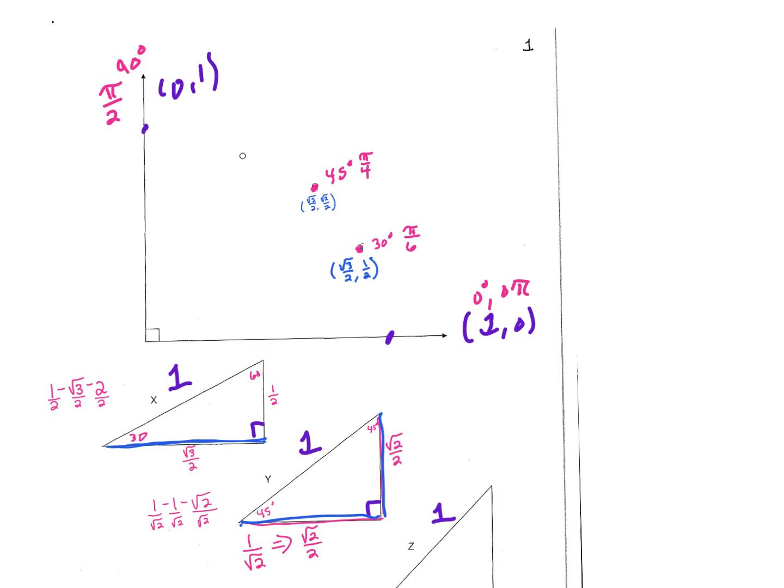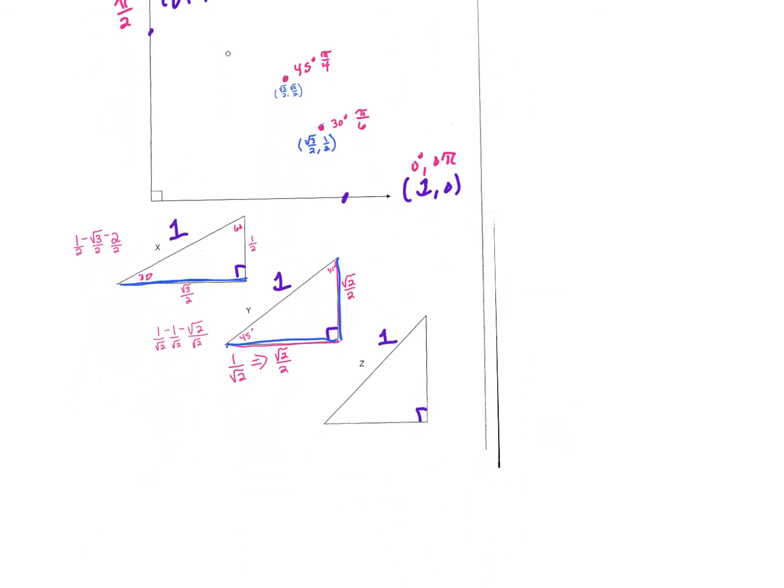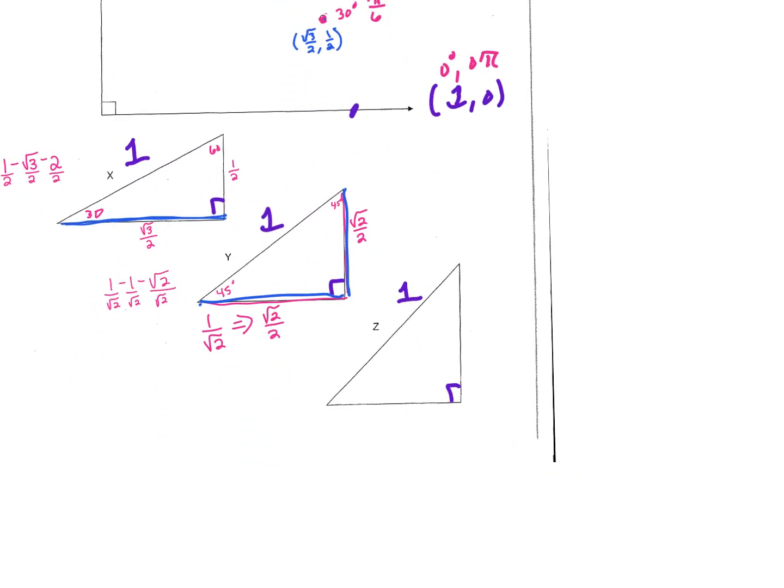All right, lastly, we have this triangle Z, and in this triangle, here's our 60-degree angle, here's our 30-degree angle. And we're going to do kind of similar processes to what we've been doing here. So we know our 30, 60, 90 triangle is this 1, square root of 3, 2, only now we've got to divide each of these by 2 in order to have a unit circle.